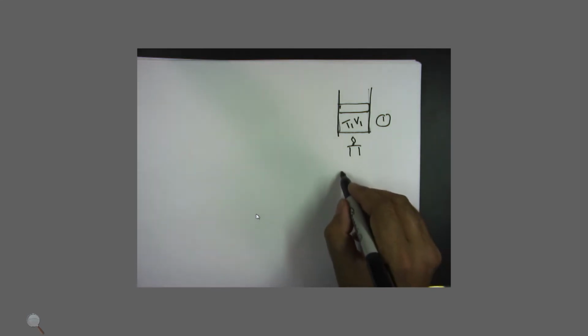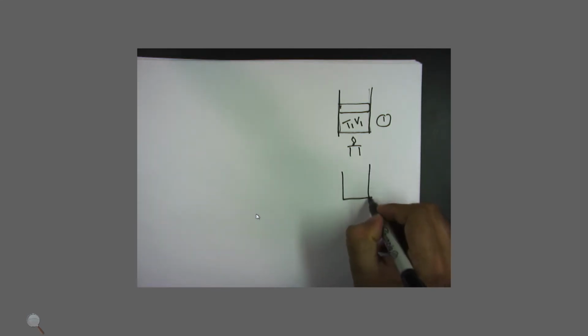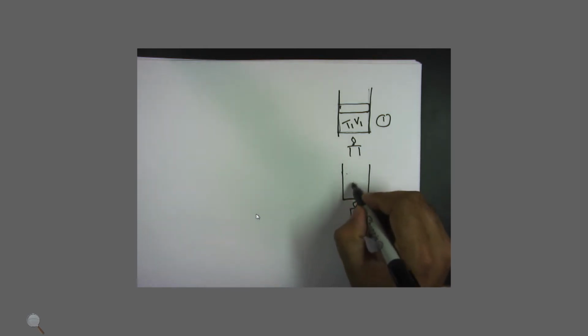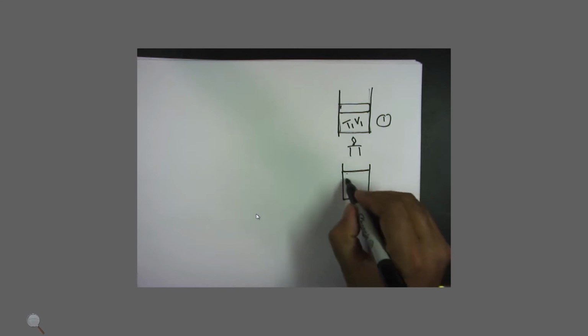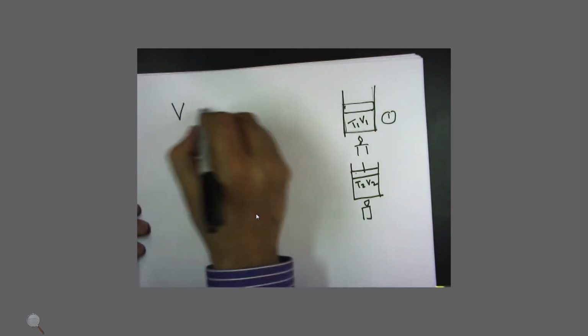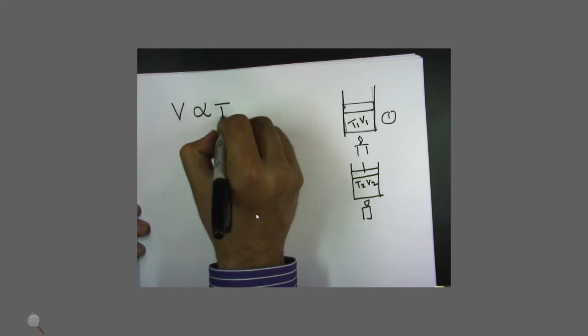Now we go to T2, because we are giving more temperature to the system through this flame. As T2 goes up, V2 also goes up. So, what it says is that the volume is proportional to temperature.